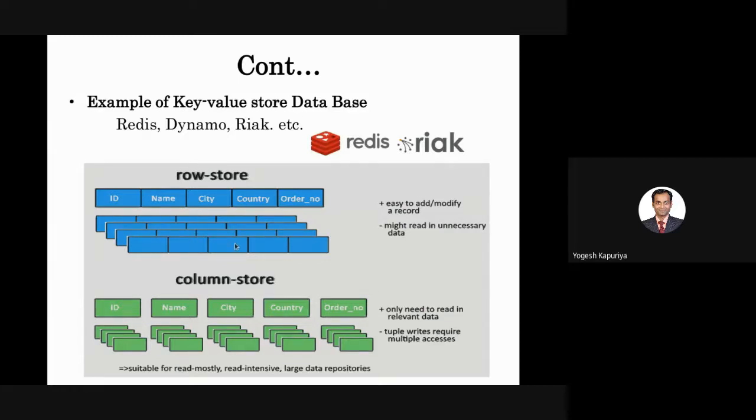Row store database means that the entire row of your entity will be stored together in memory. Remember, your memory is sequential, right? So let's say a single row requires 100 bytes, then 100 bytes in series will be occupied for this row. Then the next 100 bytes for the next row, then the next 100 bytes for the next row.